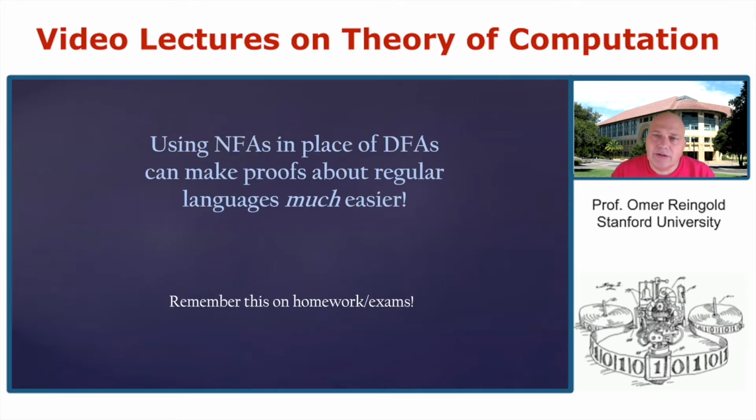And something to note is that we saw an example where an NFA can be much simpler than the corresponding DFA for the same language. And therefore, using NFAs and knowing that they're equivalent could help us prove things about regular languages in a much easier way. That's something that's useful to remember for the homeworks and the quizzes.